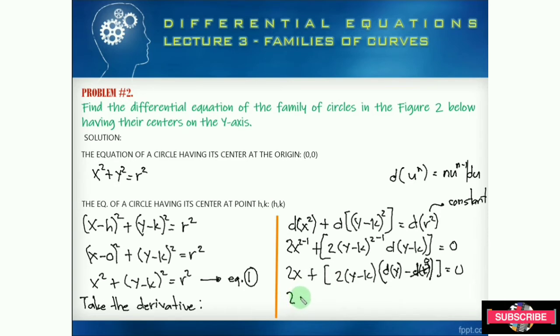So simplifying again, 2x plus 2 times y minus k times the derivative of y, which is dy over dx, or simply y prime. And the derivative of k is 0. So we have 2x plus 2y prime times y minus k is equal to 0.